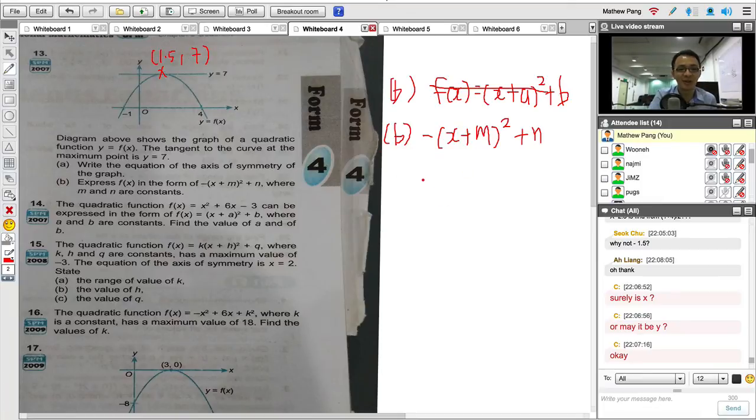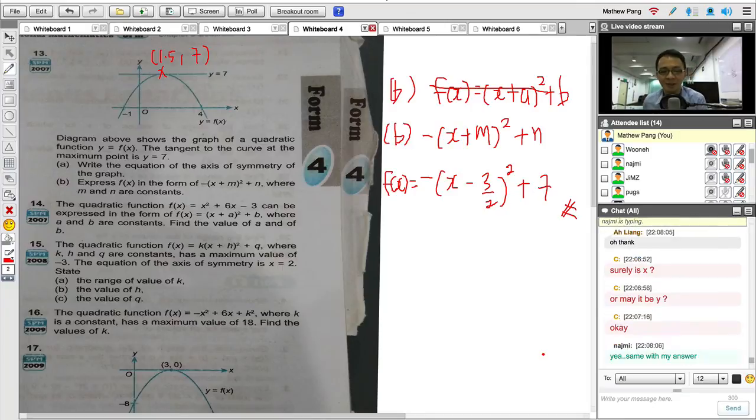So I just substitute in. If this is positive 1.5, my m is just negative 3/2, squared, and this one is just 7. It asks you to express in this form, that's all. This is your final answer. So you just write f(x) equals this. Done. I think it's really one or two marks. It's quite simple.